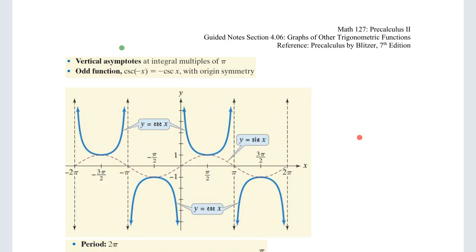Finally, we have the secant function. Remember that the secant function is the reciprocal of cosine. Just as we use the sine graph to create the cosecant graph, we will use the cosine graph to create the secant graph. The process is nearly identical.